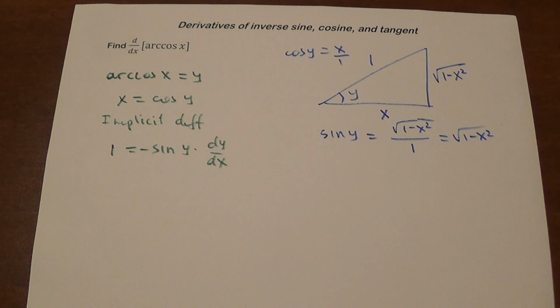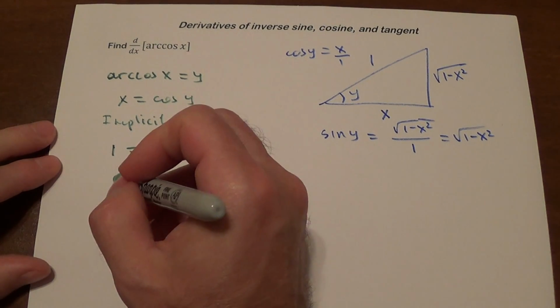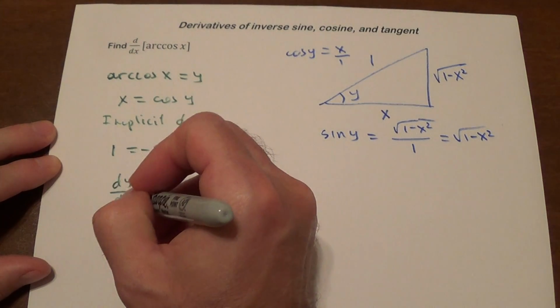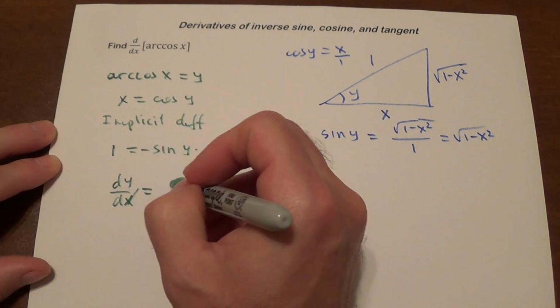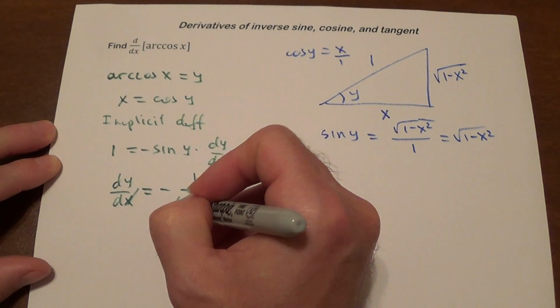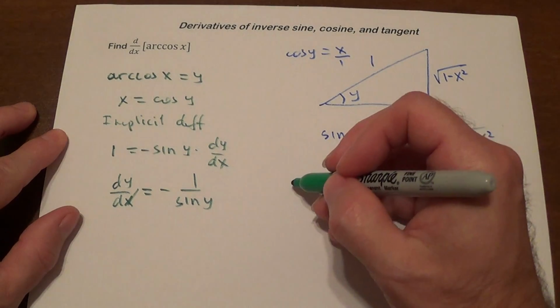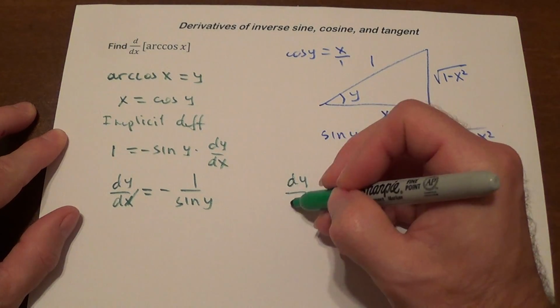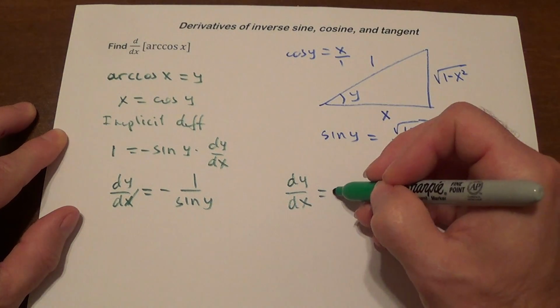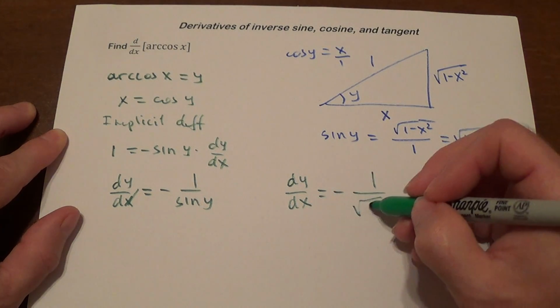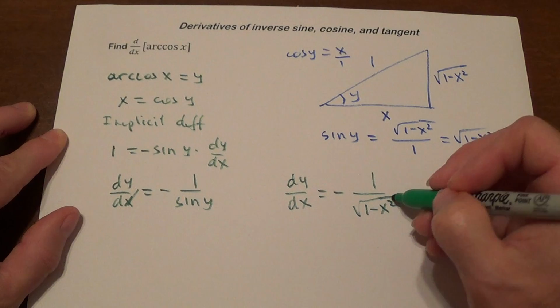So going back to our problem here, I did not finish. dy over dx equals negative 1 over sine y, and we substitute what we got here. So we can say that dy over dx equals negative 1 over square root of 1 minus x squared.